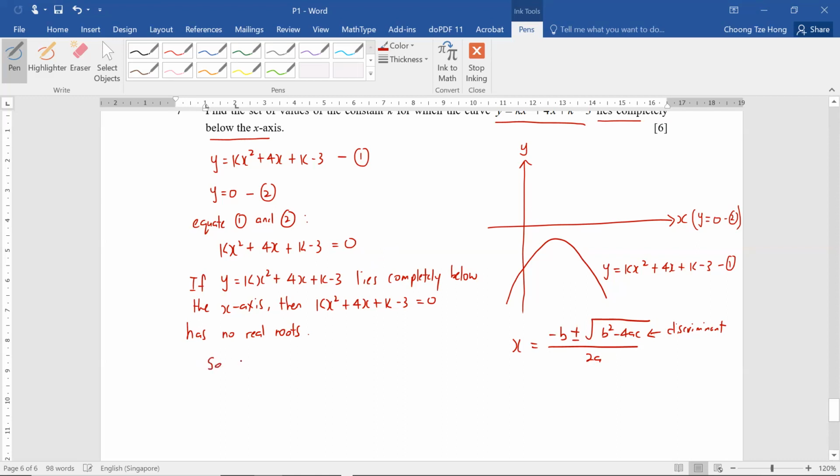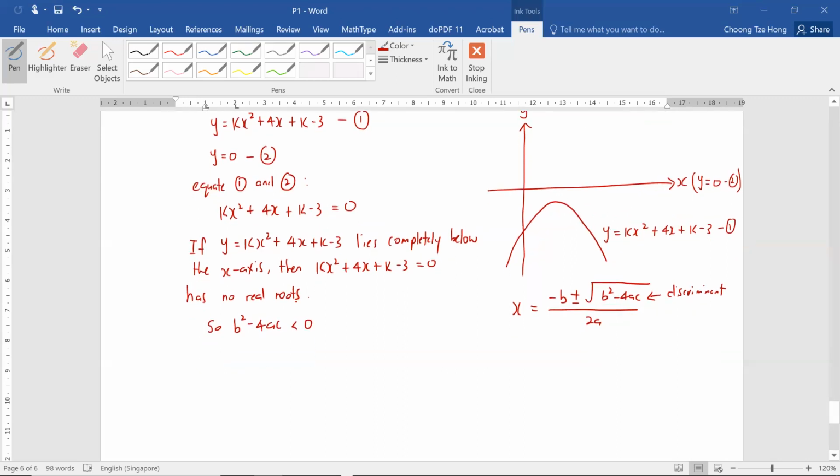So we can write b squared minus 4ac is less than 0. We extract a, b, and c from the equation. b will be 4, so 4 squared minus 4, a would be k in this case, then c would be k minus 3.